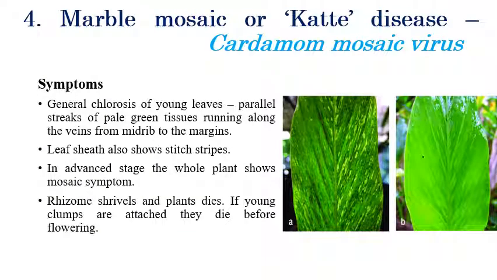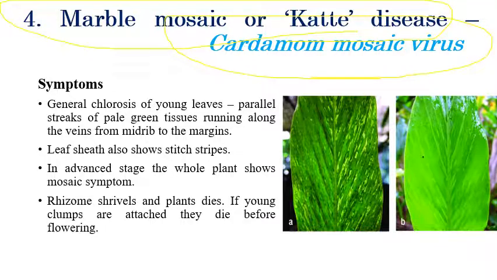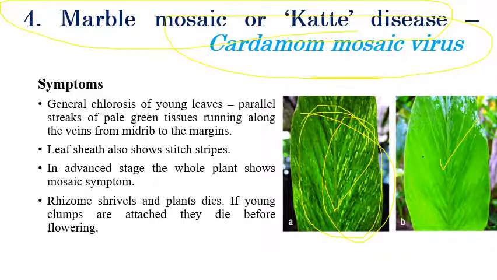Coming to the next disease, marble mosaic or Kokkae kandu disease. It is a very important disease of cardamom, which is caused by cardamom mosaic virus. Looking at the symptoms, this is a normal leaf, and this is infected with the cardamom mosaic virus. We can see chlorosis of leaves, with alternate yellowing and green patches, and streaks.